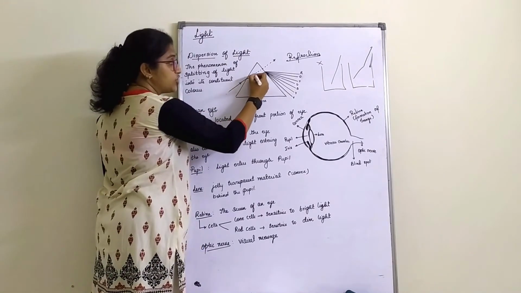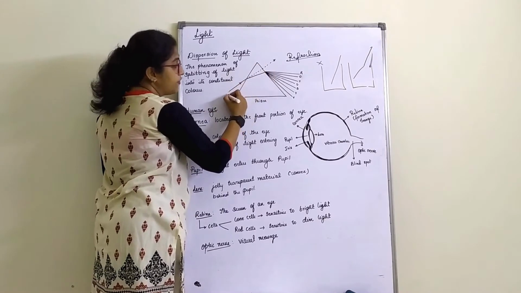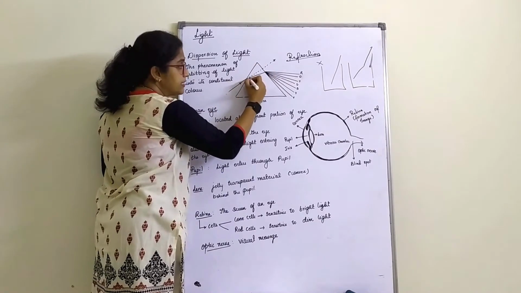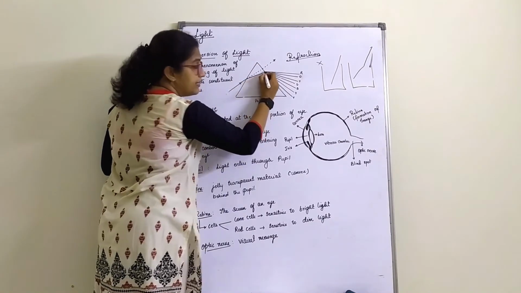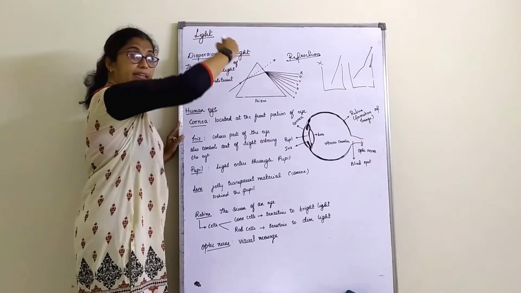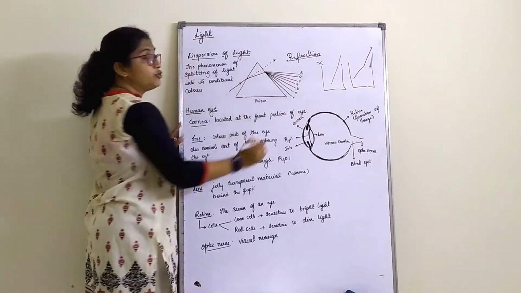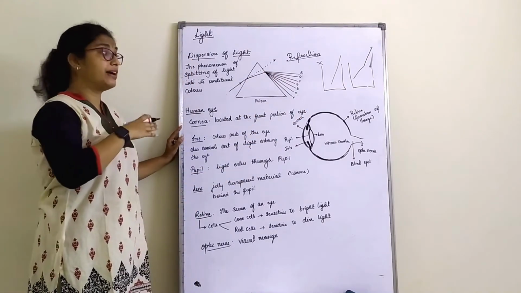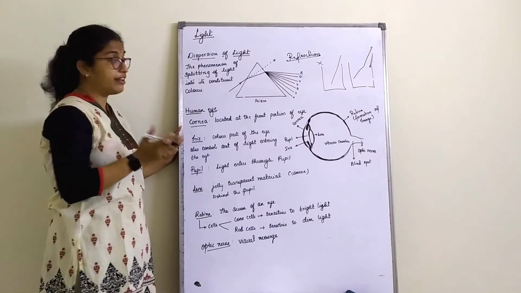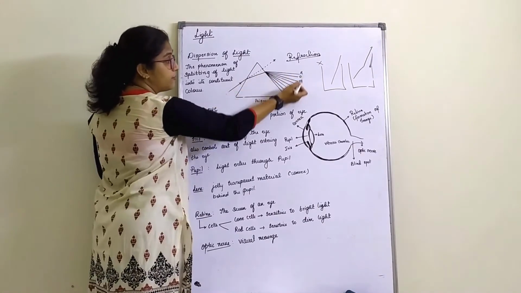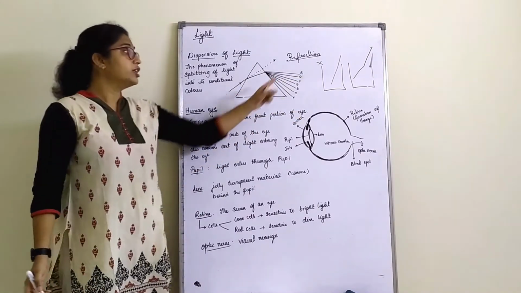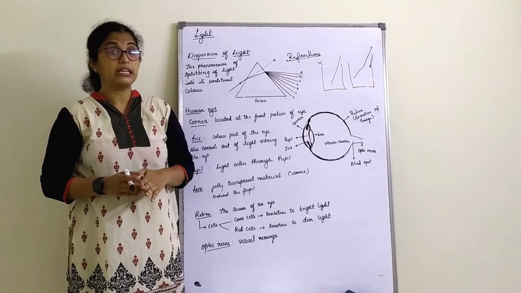But this is an imaginary ray that I have drawn. A ray of light, as it enters the prism, will bend and refract, correct? So bending of a light ray when it passes from one medium to another is called refraction. And the phenomenon that we get here is nothing but the constituents of 7 colors.